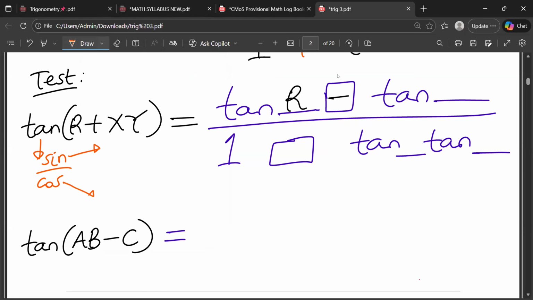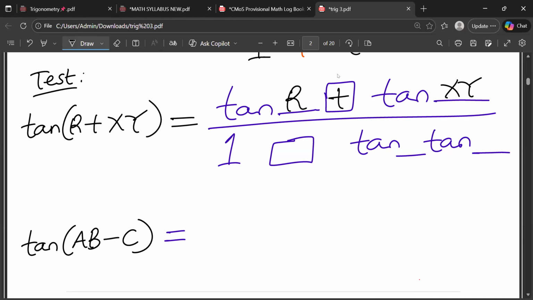Do you understand? So that one is supposed to be a plus. On top you maintain. Then here, what is the angle? Angle here will be xy. Is our xy. Very clear.